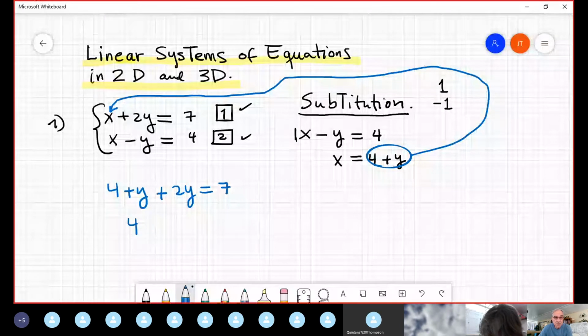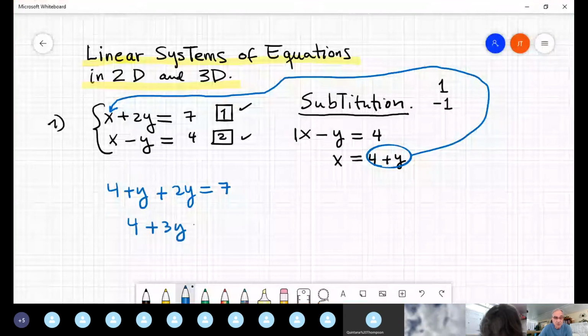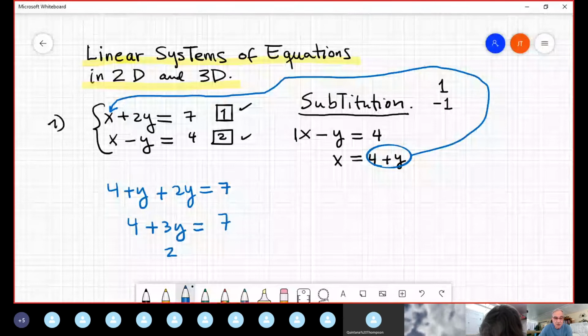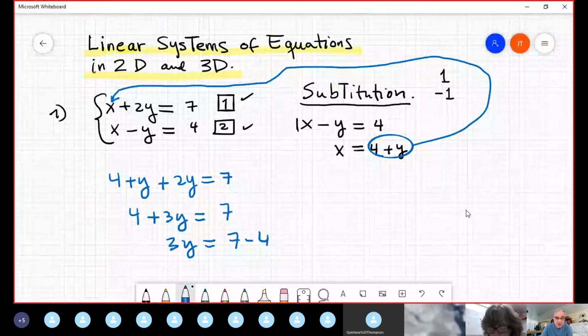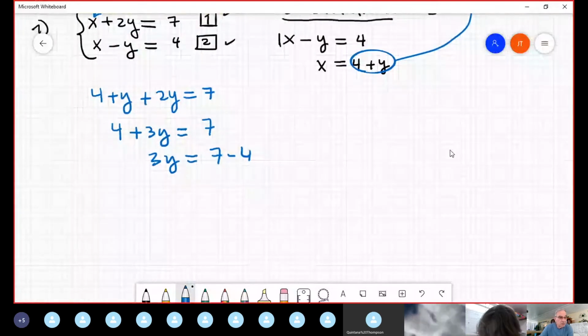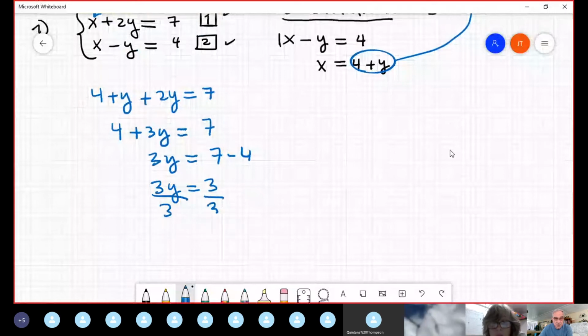We combine like terms, 3y equals 7 minus 4. I move 4 to the right hand side, 3, divided by 3 on both sides, y equals 1.